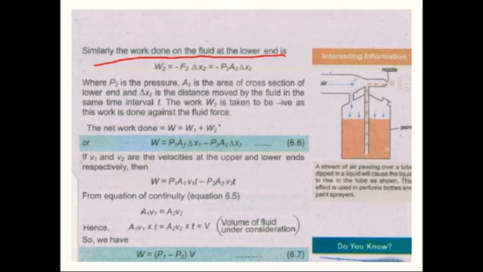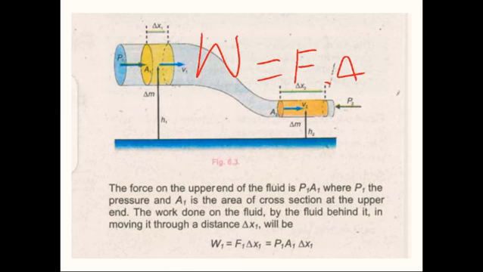Here the negative sign shows the direction of pressure: P1 is in the direction from outside to inside of this pipe, while P2 has the opposite direction, as the fluid is experiencing a force from the outer side. So that's why the direction of P2 is taken negative.